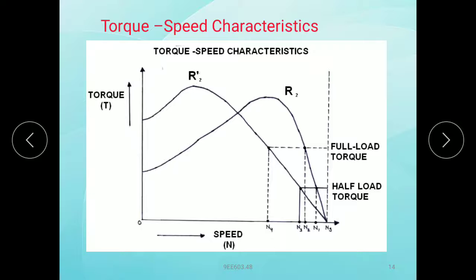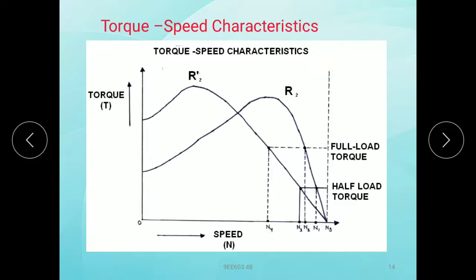Here, observe this one. Along the x-axis is taken the speed, and along the y-axis is taken the torque.